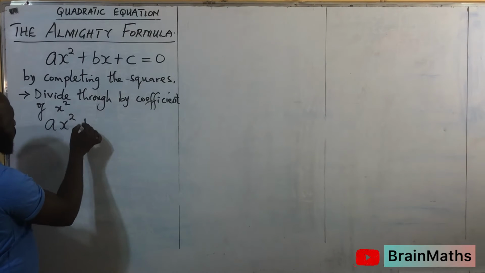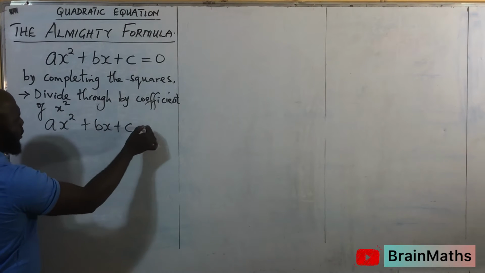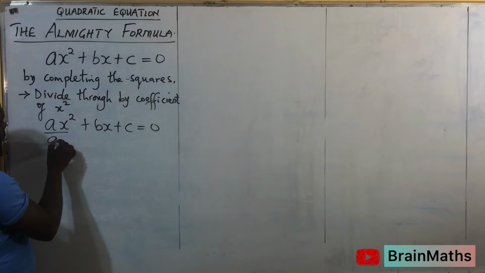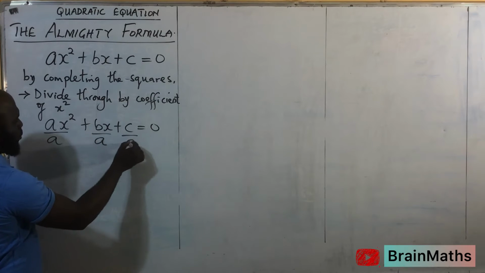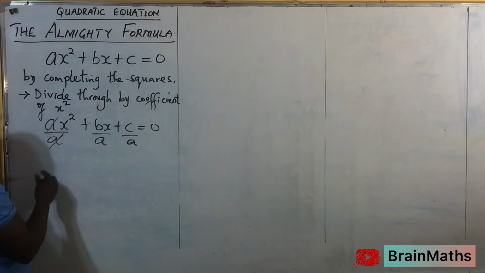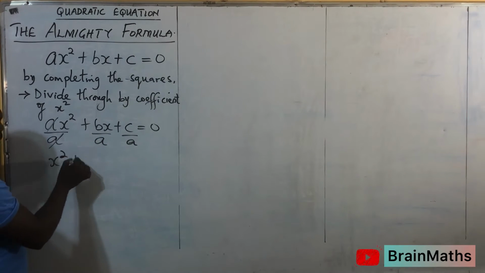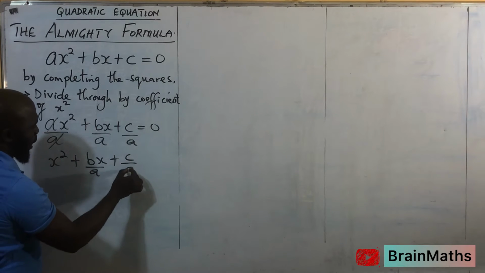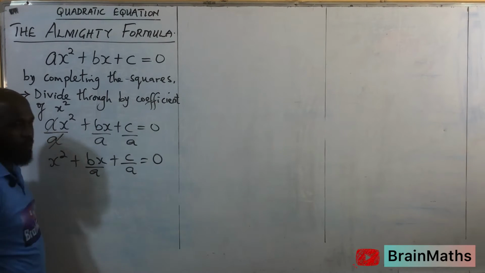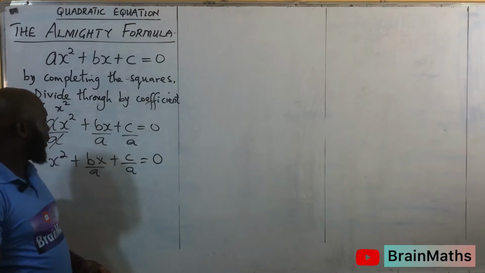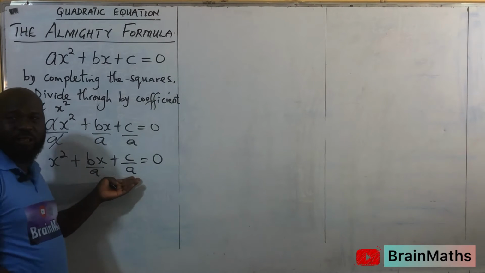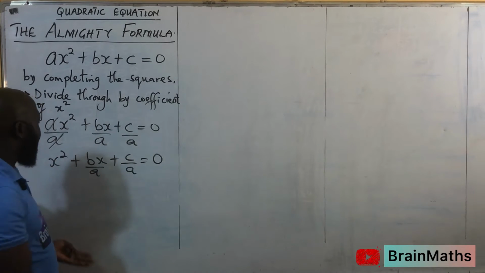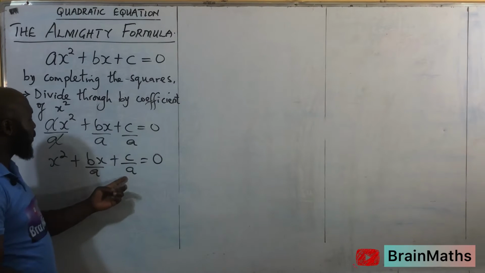So we say ax squared plus bx plus c equals 0, divided by a all through. So we are going to be left with x squared plus bx over a plus c over a equals 0. The second step is to take the constant to the right hand side, and the constant in this is c over a.